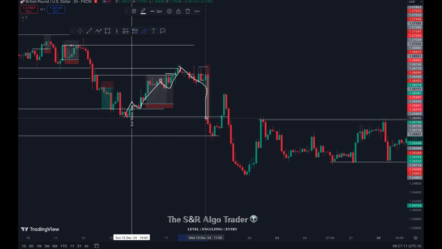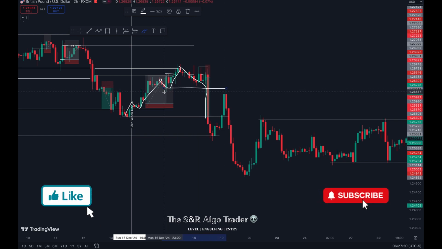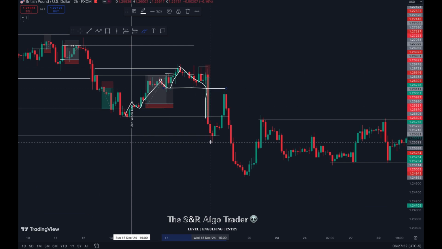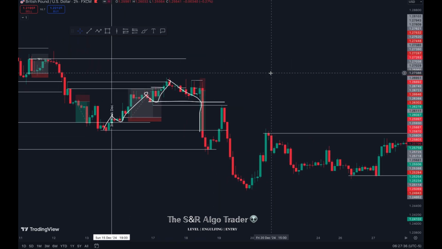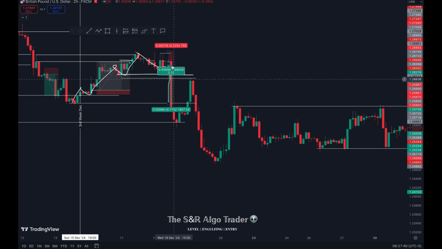With this momentum, this area failed to hold. Price will not come back to fill this liquidity void fully. It will fill, let's say, 50% of the liquidity void, then tap the wick of the breakup level, just like this. In this area, price respected the tip, filled up to 50% of the liquidity void, then started dropping down.